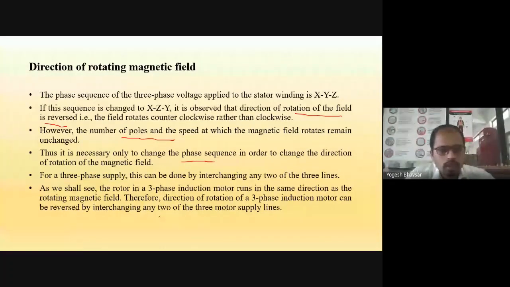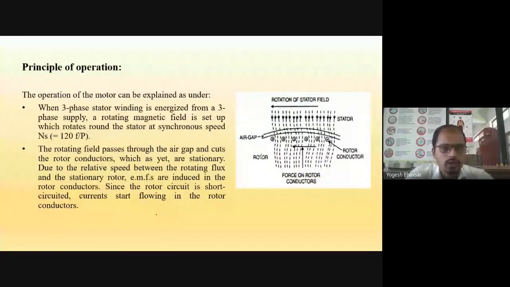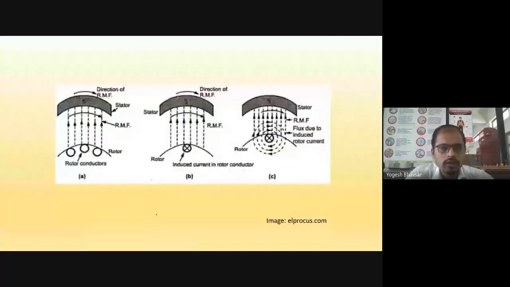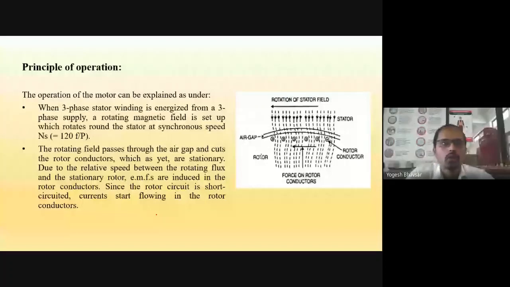As we shall see, the rotor in a three-phase induction motor runs in the same direction as that of the rotating magnetic field, and their direction of rotation can be reversed by interchanging any two of three phases. That we will see. Okay, so this is the topic final, how the rotor rotates. Right? So this is the principle of operation.